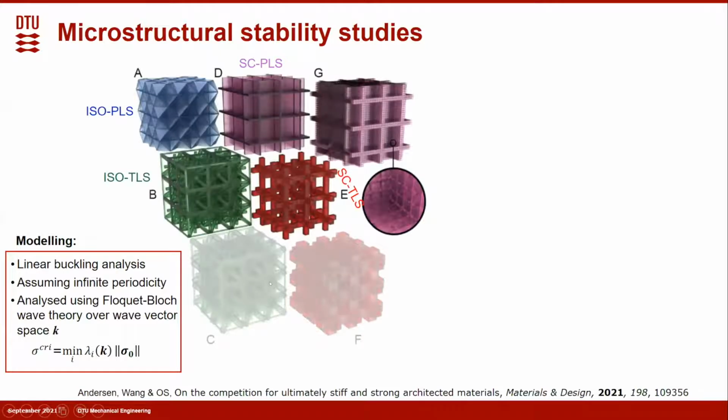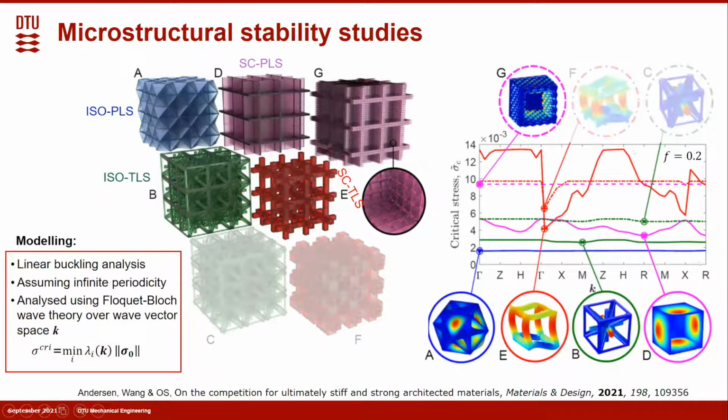We consider 5 different microstructures: isotropic plate structure, which I have discussed, simple cubic plate structures, and the corresponding open wall truss counterpart. Also the second hierarchical simple cubic plate structures.